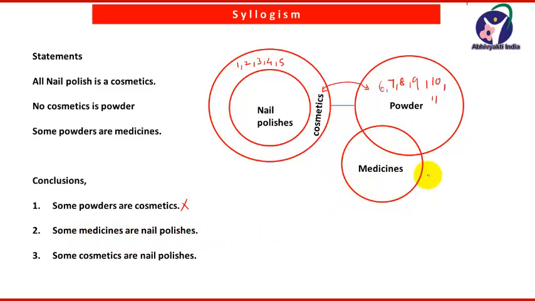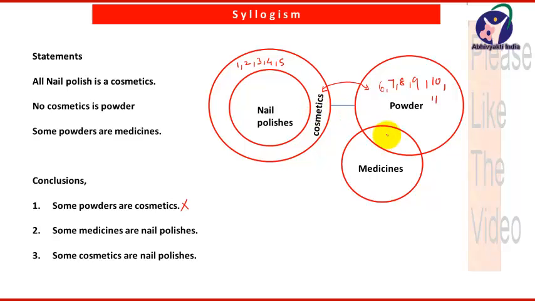Now the second conclusion is some medicines are nail polishes. This part of the medicine cannot overlap with cosmetics or nail polishes because it is overlapping with the powder, and powder is a disjoint set of cosmetics. So this part cannot overlap this, but we do not know anything about this part of the medicine.